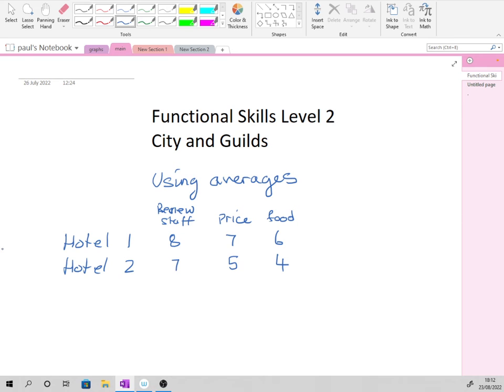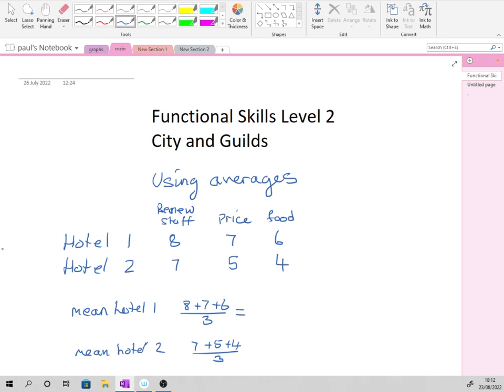So we could use the mean for hotel 1. So we would do 8 plus 7 plus 6 divided by 3, and the mean for hotel 2 would be 7 plus 5 plus 4 divided by 3.